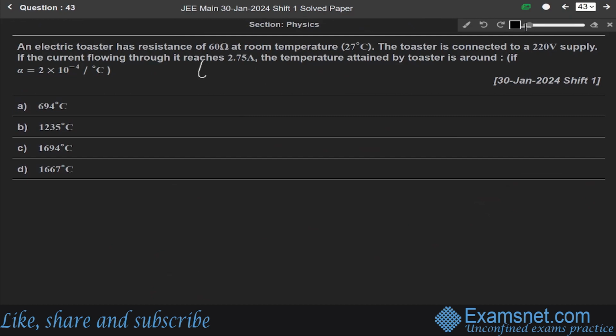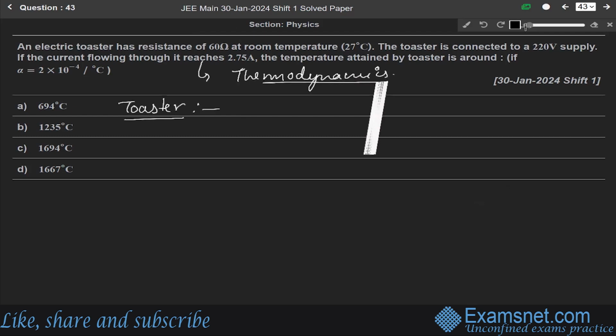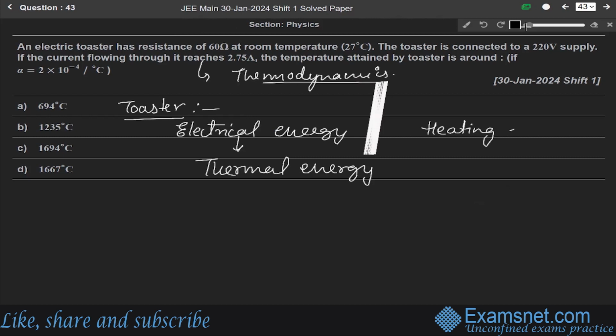Okay, so this question is from the chapter of thermodynamics. So a toaster is a heating element. An electric toaster is a heating element which converts electrical energy into thermal energy, and the heating element used in the electric toaster is nichrome.